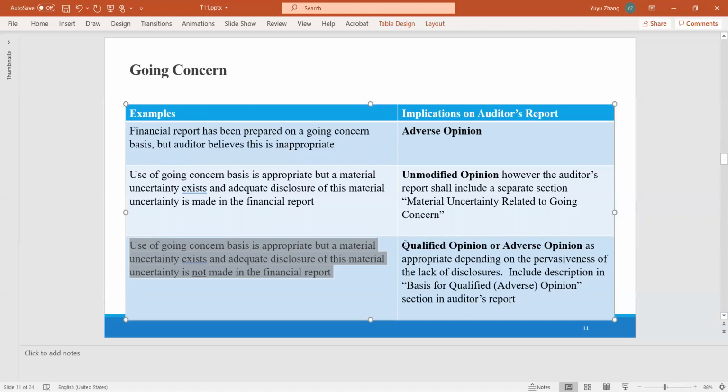In this situation, auditors will issue a qualified opinion, or if this uncertainty is pervasive, they can even issue the adverse opinion. Most likely, they are going to issue the qualified opinion on the going concern uncertainty because the disclosure is not adequate.